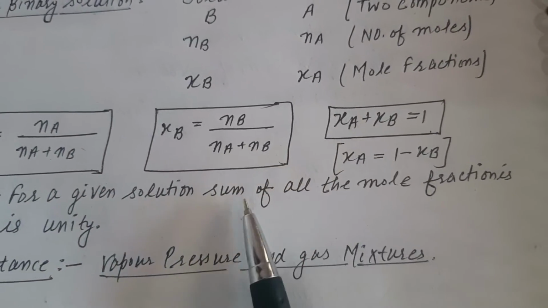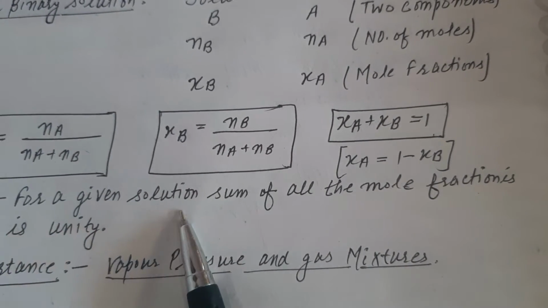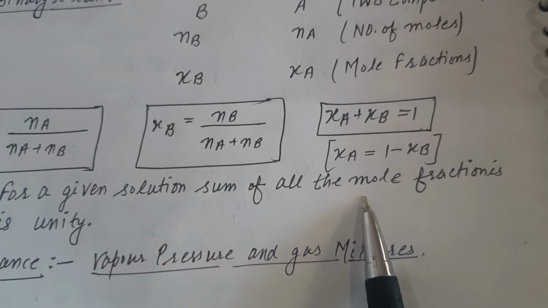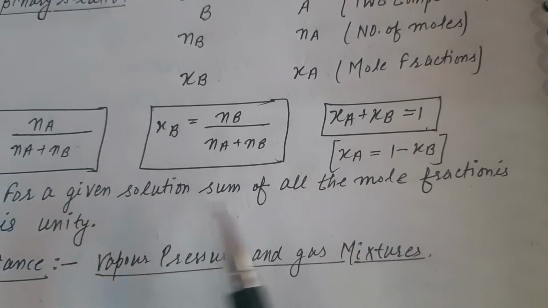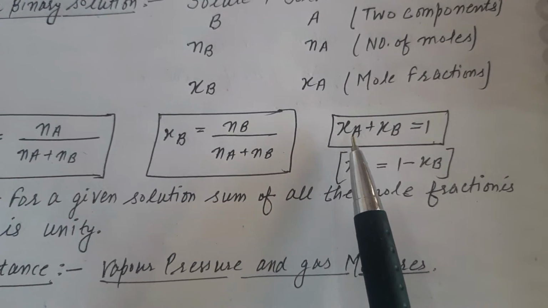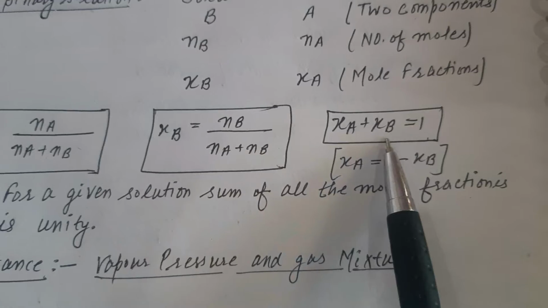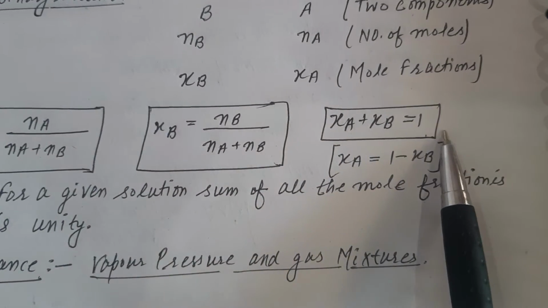One of the important points in this case is that for a given solution, the sum of all the mole fractions is unity, meaning both the components, solute as well as solvent, sum to 1.